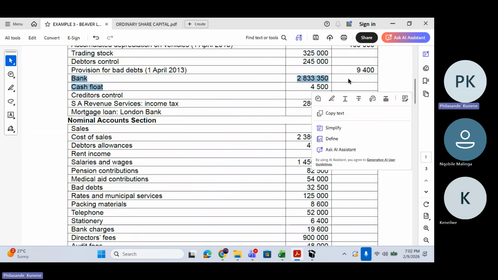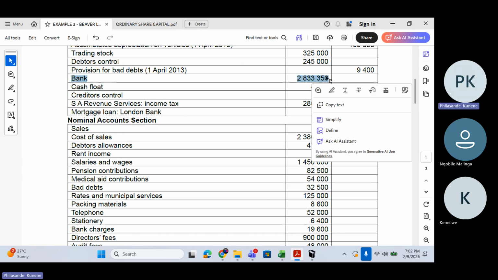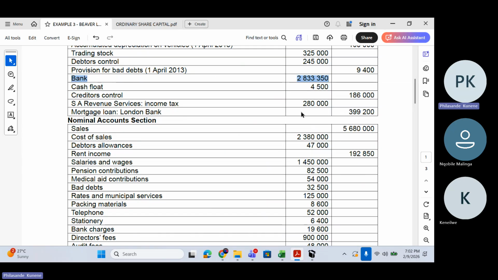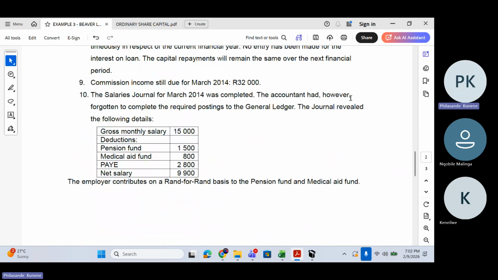They were paid when it comes to the bank, yes, but in terms of the accounting records, they were not taken into records because they are not part of the journal.